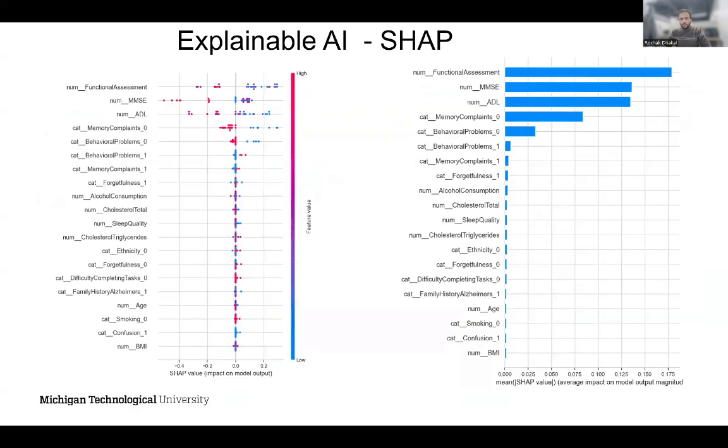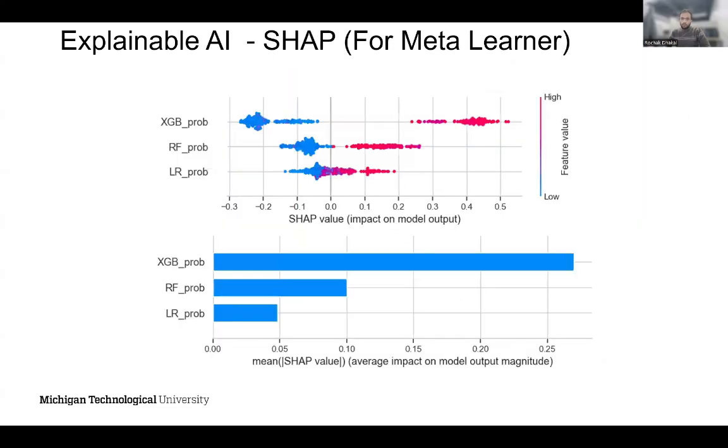Then we used explainable AI and SHAP analysis to understand the most influential predictors out of all of those predictors. We found that the functional assessments, MMSE, ADL, and memory complaints are the top predictors for determining the model output.